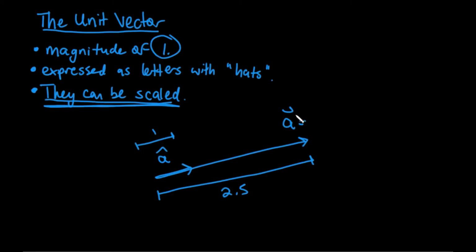So we can express our vector A with this unit vector here. We would just write 2.5, which is the length of the vector A, and we multiply it by our unit vector, which is A with a hat. So this is how we would use unit vectors.